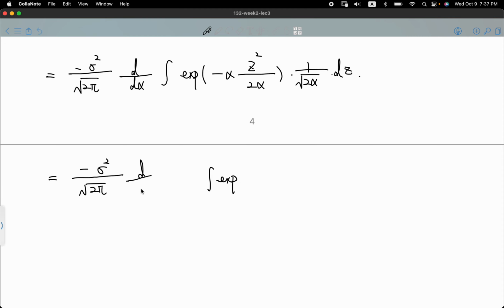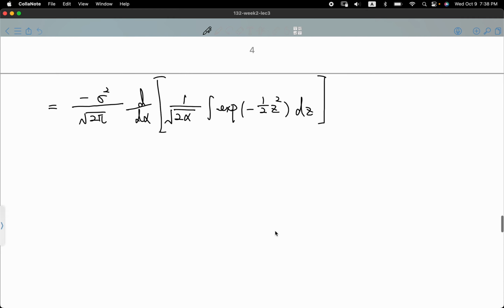So d alpha, let's use the square bracket here. The constant is only moving outside the integral, but you cannot move further before the differentiation. And then closing the square bracket.